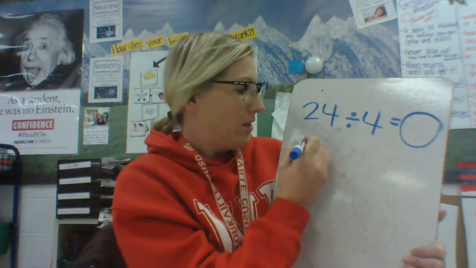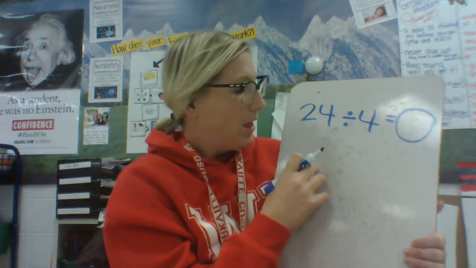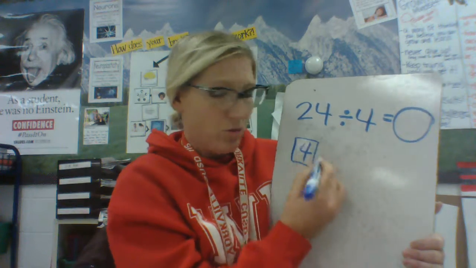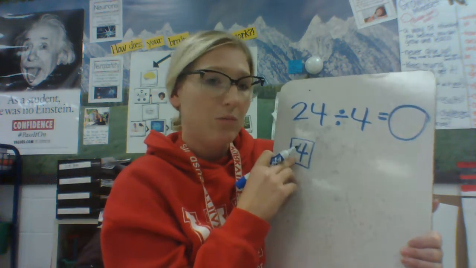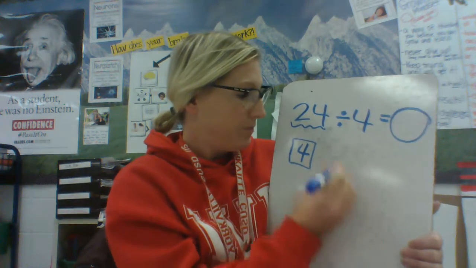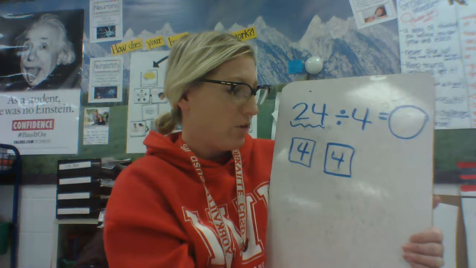If you're having the student model this out and thinking about it visually, you would want to count by 4s. Here's one group because they want to be in groups of 4. So here's one group that equals 4, but we have to get all the way up to 24 students. So we make another group. Throw 4 students into that group.